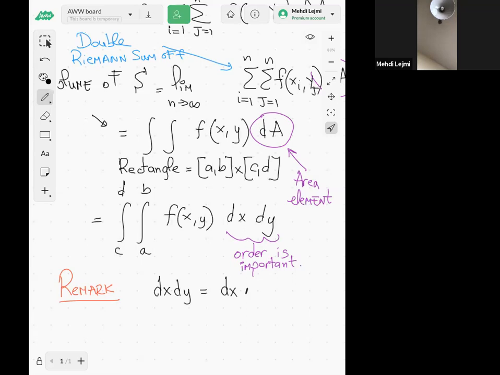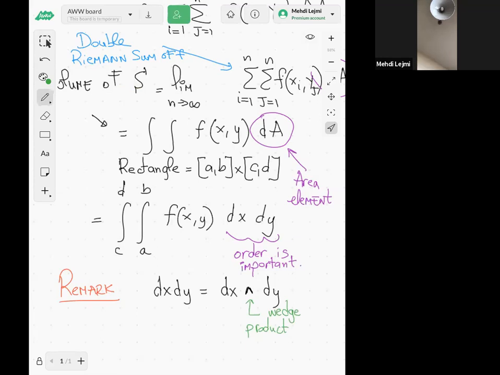This is called the wedge product. We will see this in chapter 8 with differential forms. Anyway, this is just a different notation for dx dy.